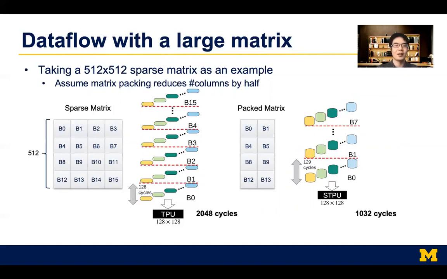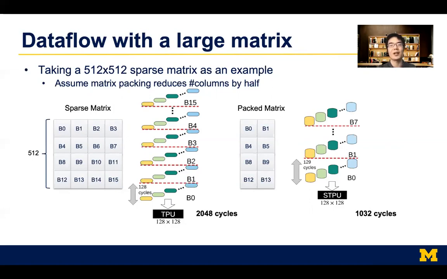For the original sparse matrices, 16 blocks will be used, and when mapped onto TPU, each block will consume 128 cycles.